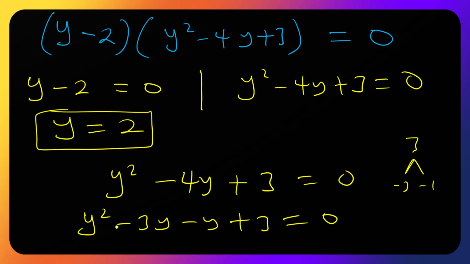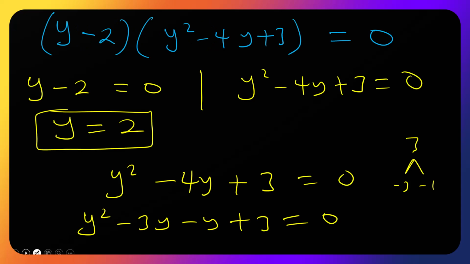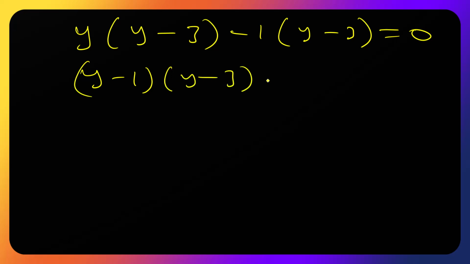So we have y out, y minus 3, that's the first bracket, and we have minus 1 out, y minus 3 equal to 0. Okay, so we have y minus 1, y minus 3 equal to 0. So we have y equals 1, then y equals 3.